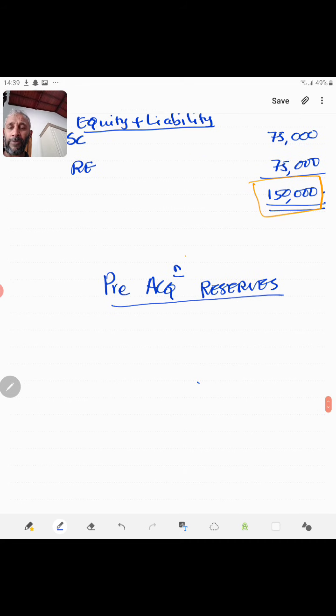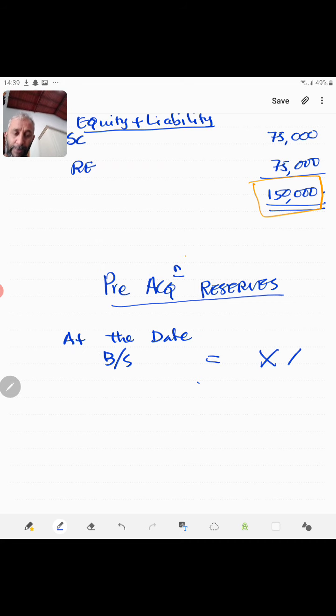Generally, the question will give the reserves, mainly retained earnings or any other reserves, at the date of balance sheet. That's how the question will be given. This you can find in the balance sheet or in the statement of financial position.